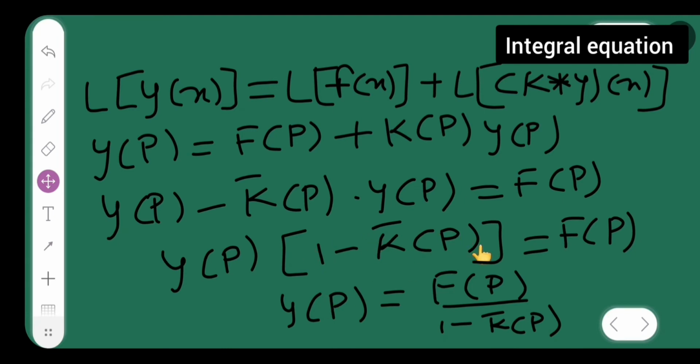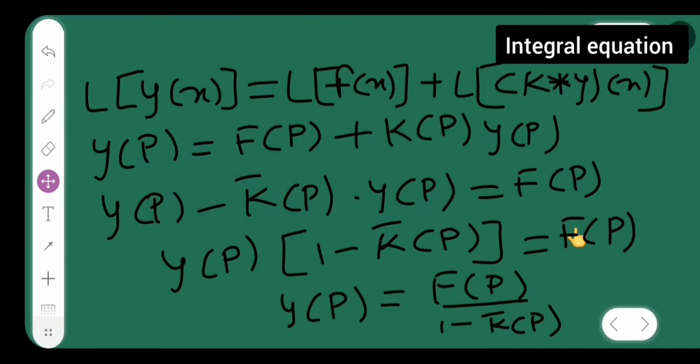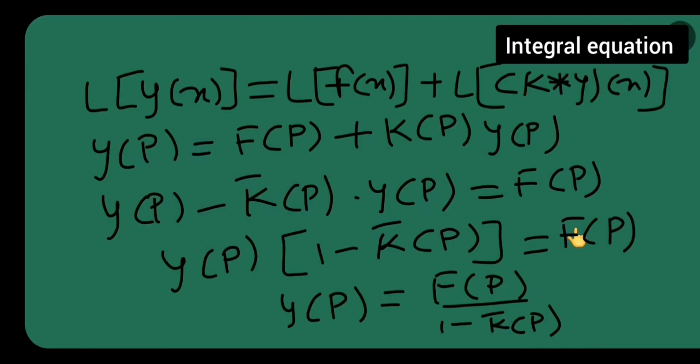Now take this to the other side, so y bar of p equals f bar of p upon 1 minus k bar of p. Now if you take inverse Laplace transform on both sides, what you are going to get is nothing but y of x. You can try this.